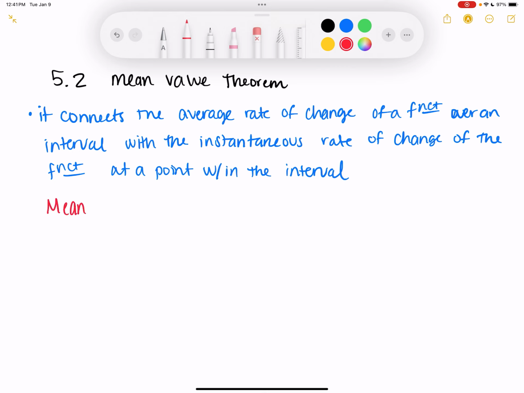So the actual mean value theorem, and we'll often abbreviate it MVT, and this is for derivatives because like I said there will be another one later.